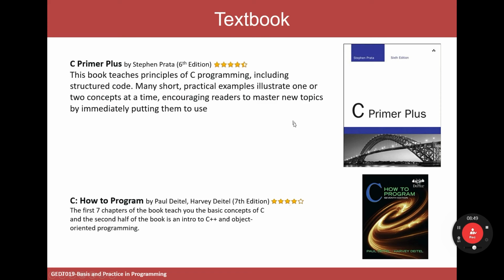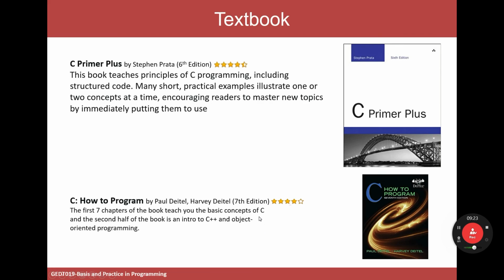There is another textbook. I put these textbooks as a reference. If you want, you can check this book by yourself. It's okay, but we are going to follow the first textbook. The other famous textbook is C How to Program. This book is also famous and well written. It explains C and also introduces you to C++, because C++ is just like the next step after C programming.